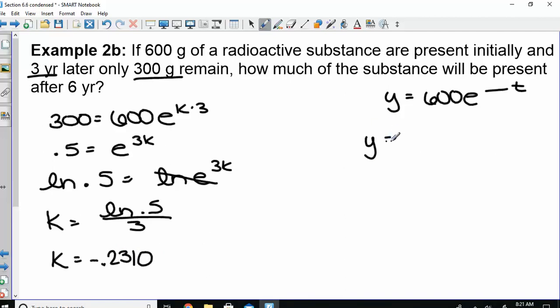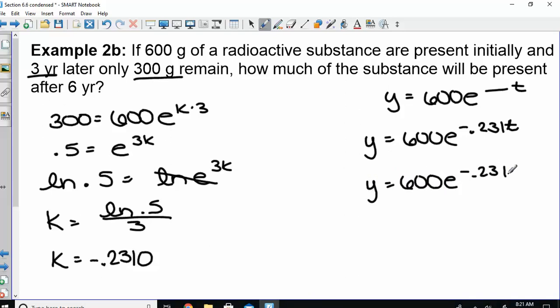So this is our equation. So then no matter what time I give you, you can easily calculate the amount we have. So I want to know the amount after 6 years, so you plug in a 6 for your t. And we get 150.044 grams.